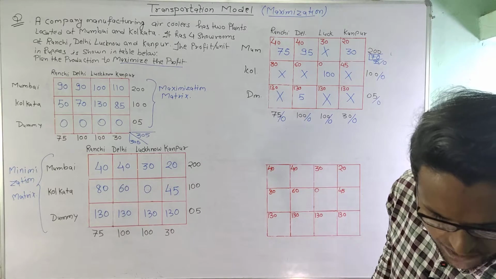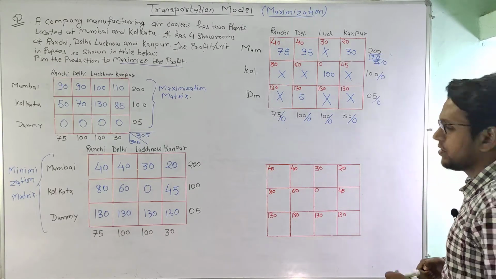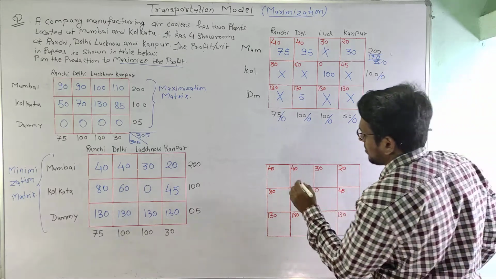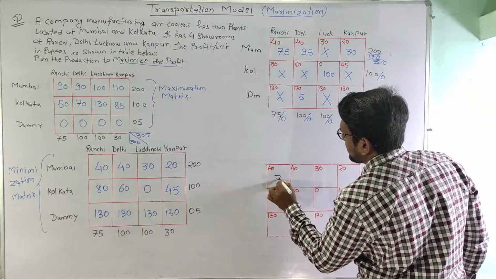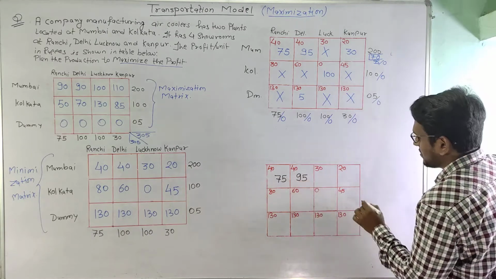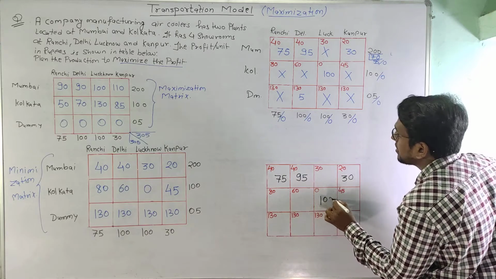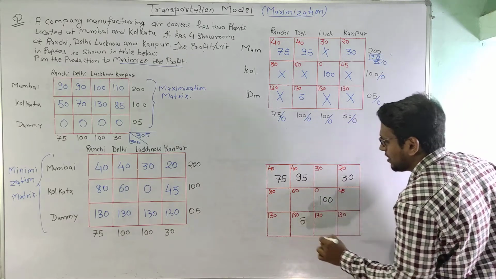Let us write the basic feasible solution in the next column. So this will be 75, this will be 95, this will be 30, this will be 100, and this will be 5.